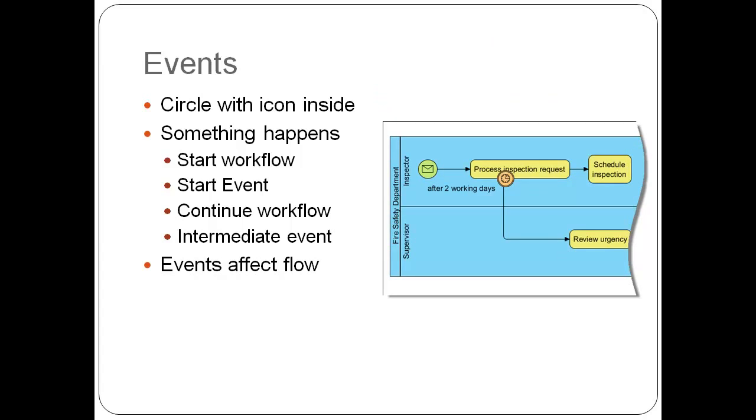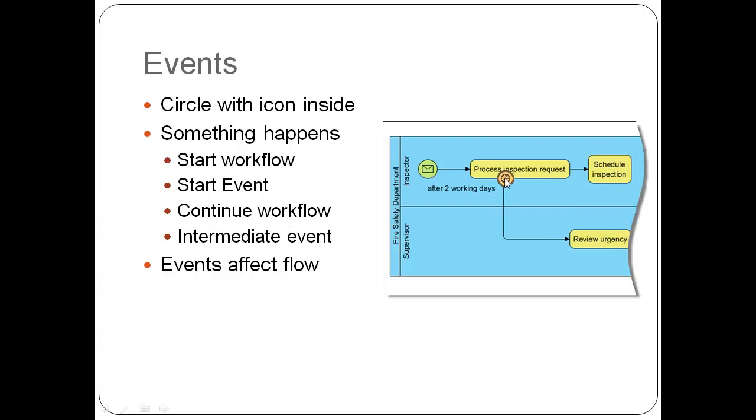If we draw a task or sub-process, the task and sub-process itself does not affect the flow. It just completes the work and then goes to the next flow. But the event could affect the flow. In this case, if one incident arrives, and the inspector processes the inspection request, and assume he completes it in a single day, then it will go to schedule inspection, etc., to do the rest of the process.